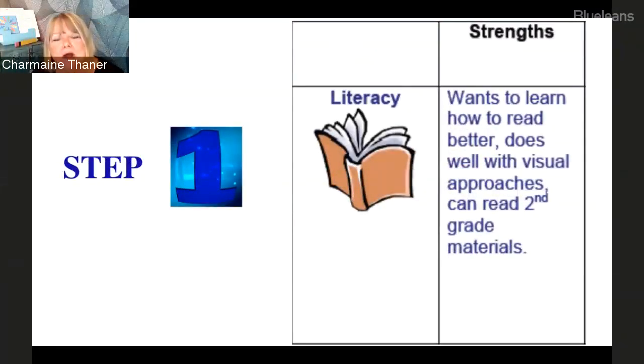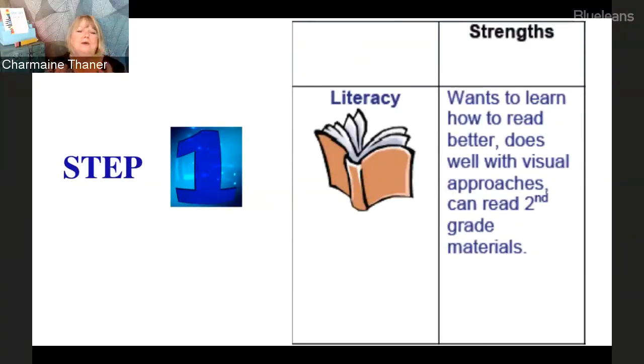So step 1 is looking at strengths. Here's an example of this student that I was working with at the time. We look at reading and writing skills and what the child's strengths were. Well, what we saw is that he really wants to learn how to read better. He does well with visual approaches, and he can read second grade materials.